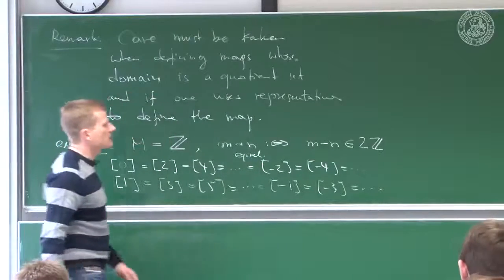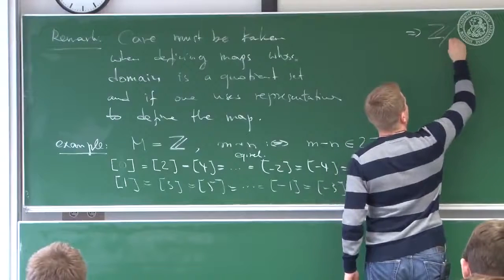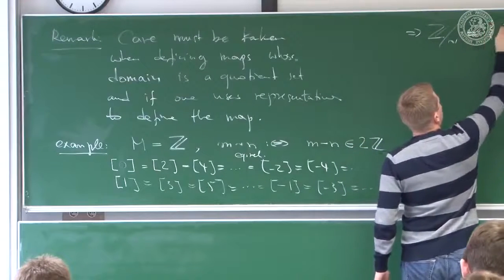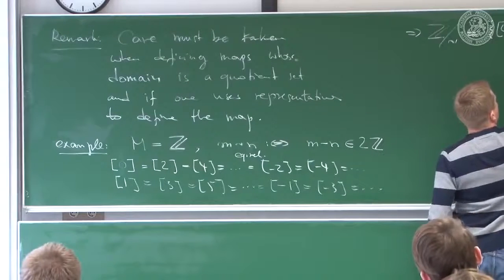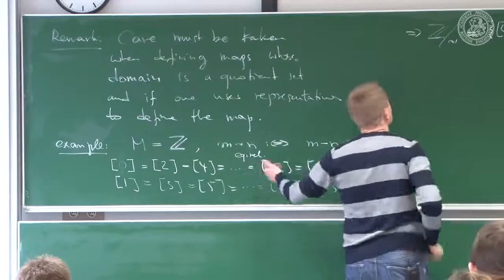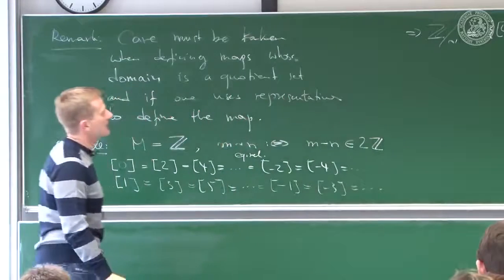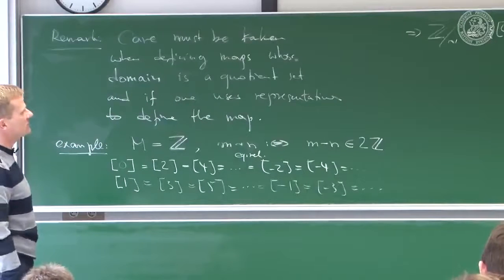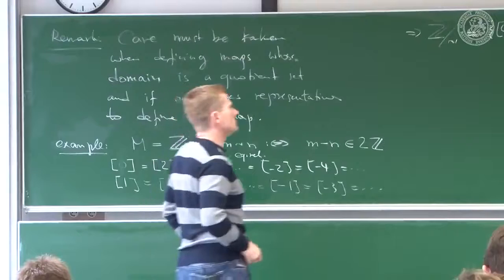And so we get that the quotient set Z mod twiddle consists just of two different elements. The others are also all in there, but they coincide with this or this one. So as a set, it's just the zeros and the ones. Okay, that's this quotient set.